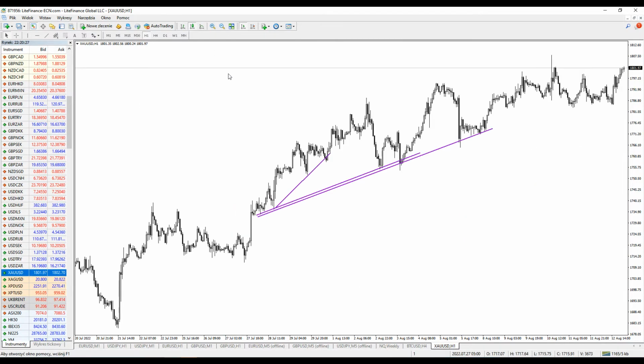Let's make it a little bit bigger, right? So in that case, the first attempt to move higher, because we made the swing over here, and we went higher from here. So that's where there was a possibility to create the trend line. There was an attempt to break, right?